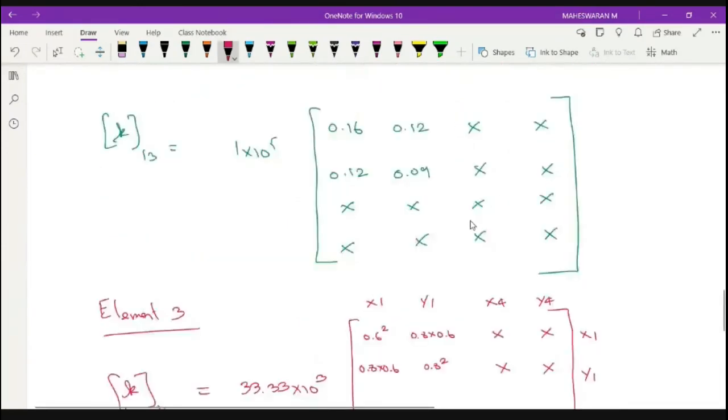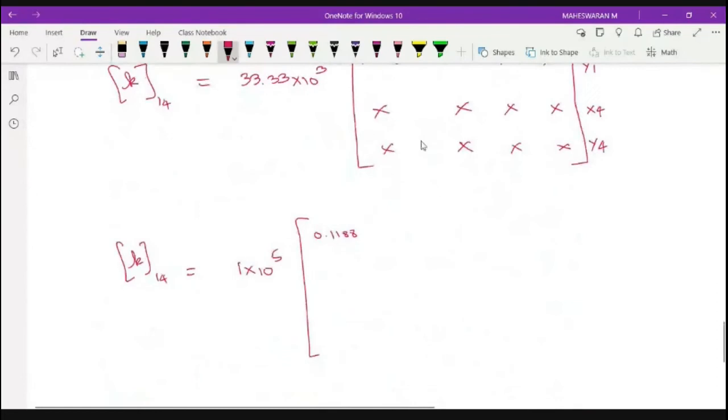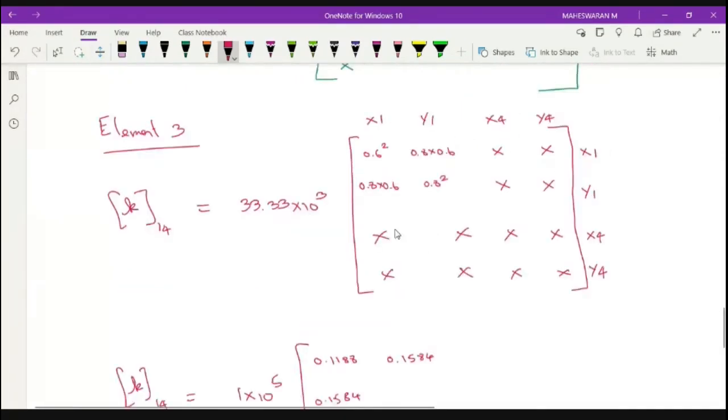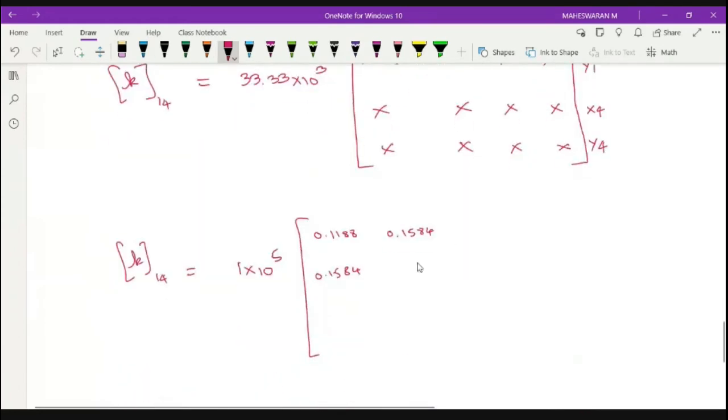This is also a positive value, not a negative one. Then 0.1584, and this is also 0.1584, and the last one is 0.2112. The remaining I can consider as x, because those terms don't have any data, so no need to identify them.